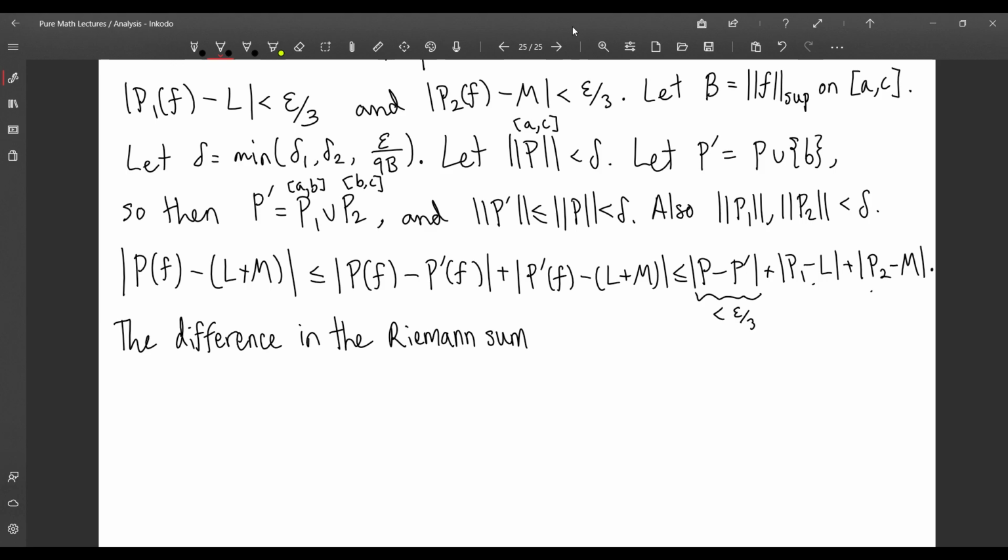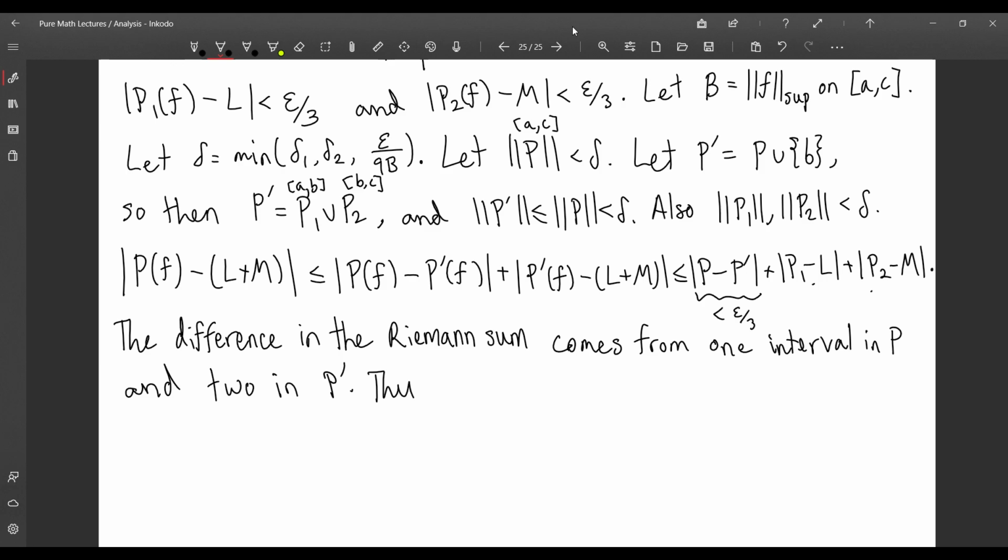So the difference in the Riemann sum comes from there being exactly one interval in P and 2 in P prime, right? Because in P prime, it's P1 union P2, and P1 and P2 are both going to have B in their partition, and so there's going to be 2 intervals containing B.